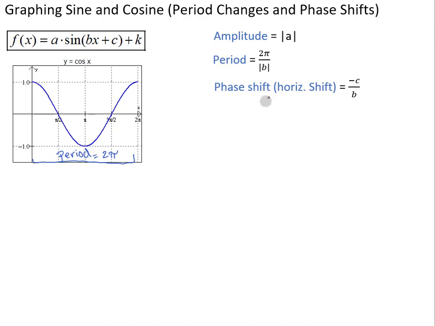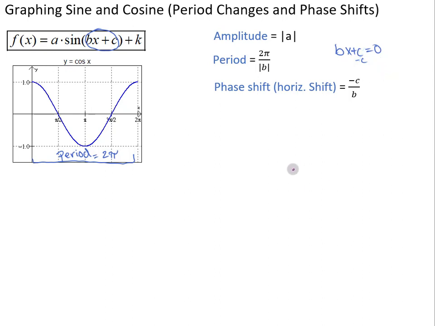Okay, we also have what's called the phase shift, and essentially this is just our horizontal shift. And to find which direction you've shifted your graph, you essentially take this equation, bx plus c, and set it equal to 0. And if you solve for x by subtracting c and dividing by b, we arrive at our formula here, the opposite of c over b.